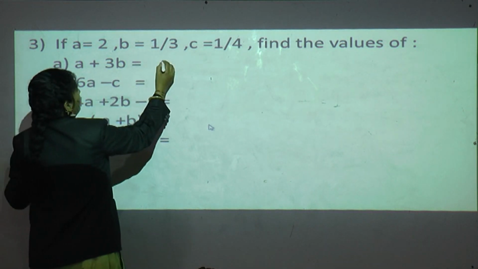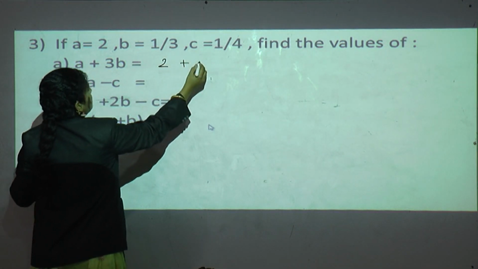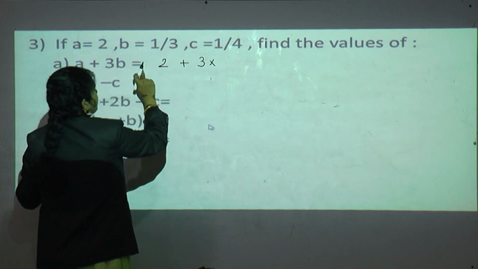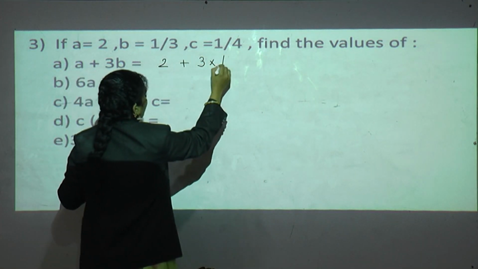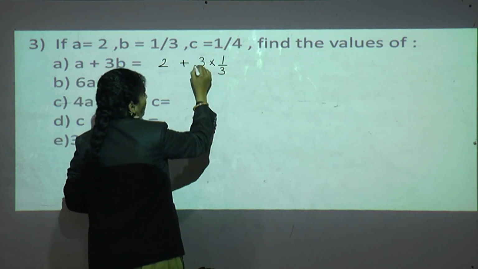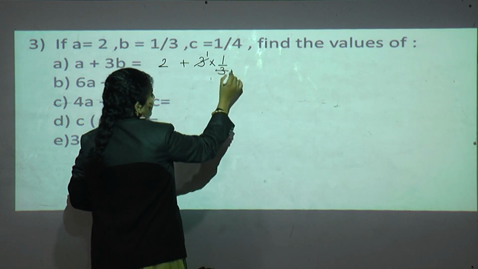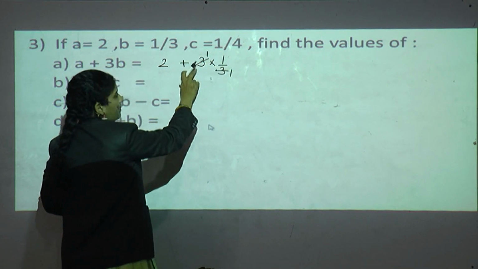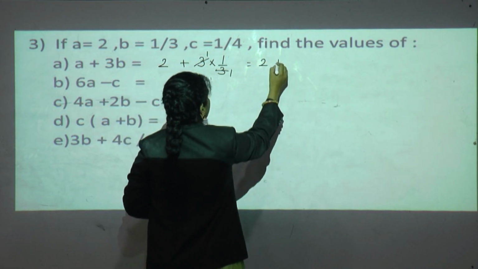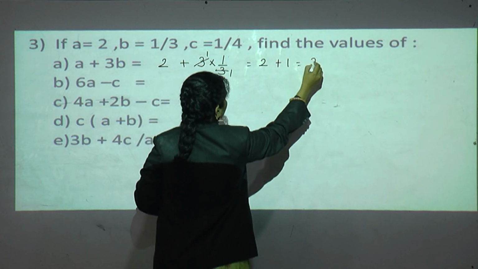Value of A is 2 plus 3 and multiplication sign. Value of B is 1 upon 3. So students, in this equation we can write, because 3 divided by 3 is 1. So 2 plus 1 is equal to 3.